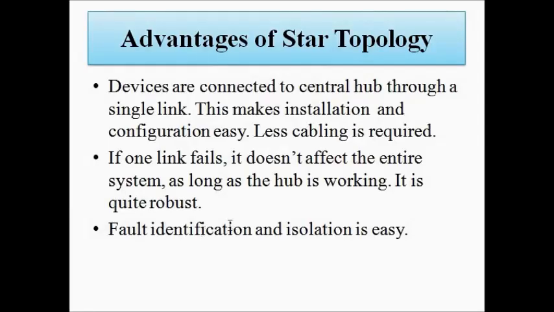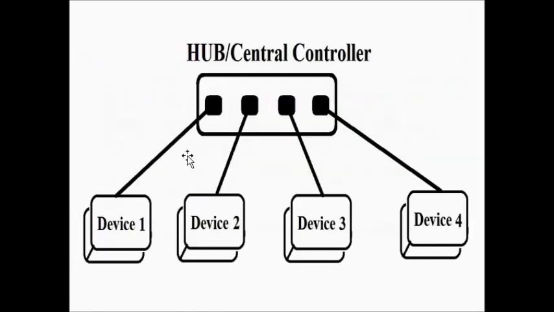If one of the links fails, suppose the first link connecting device 1 to the hub fails, only that communication pathway will be affected. Only the data transfer between device 1 and the hub will be affected. The other devices will not be affected by this.